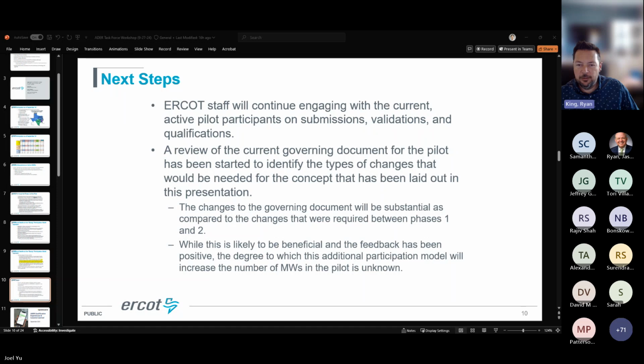So we don't really have a hard understanding of how many megawatts this would actually enable. But we think that by enabling this kind of participation model, some of the resources that may hitherto have been on the sidelines may feel that this addresses enough for them to get involved in the ADR pilot.